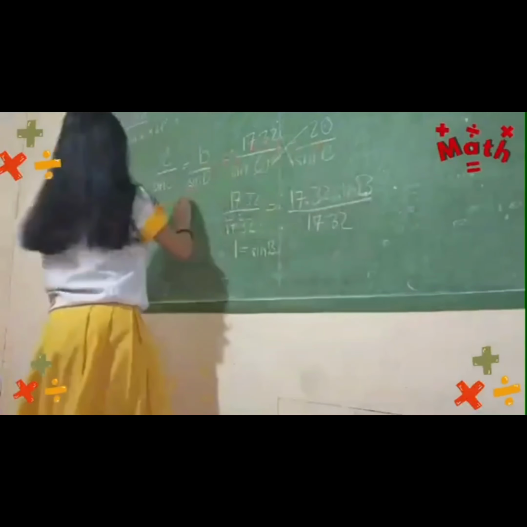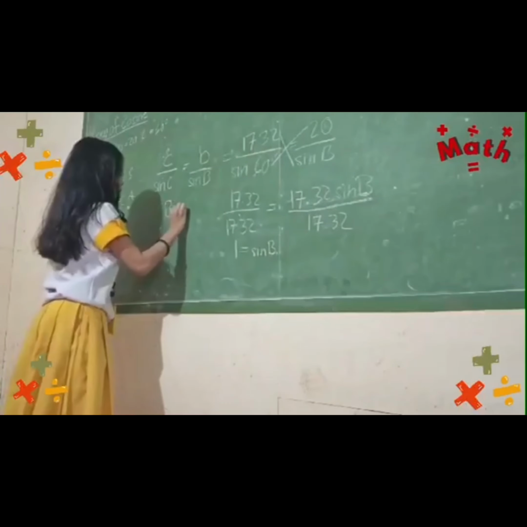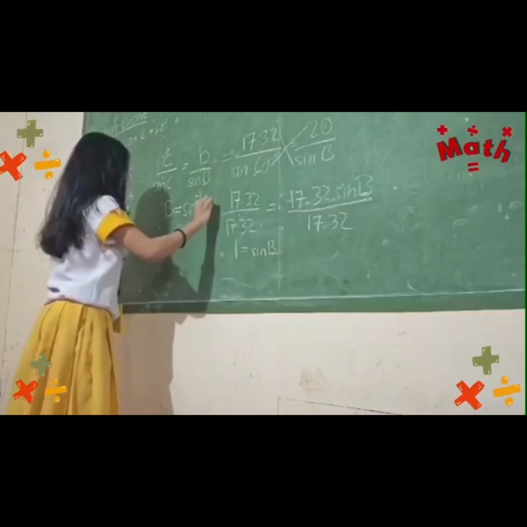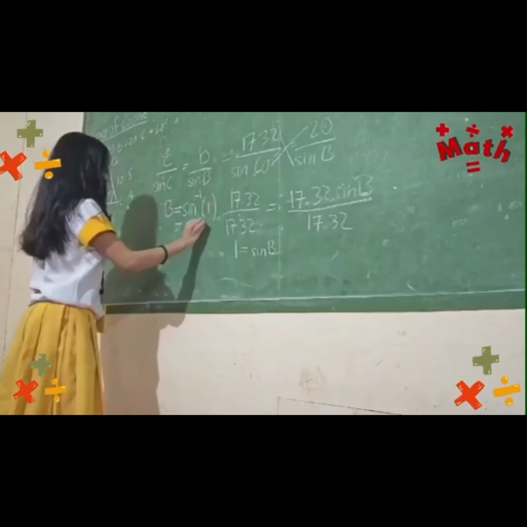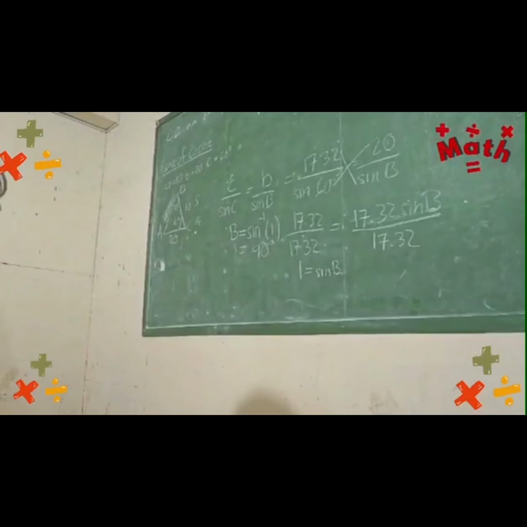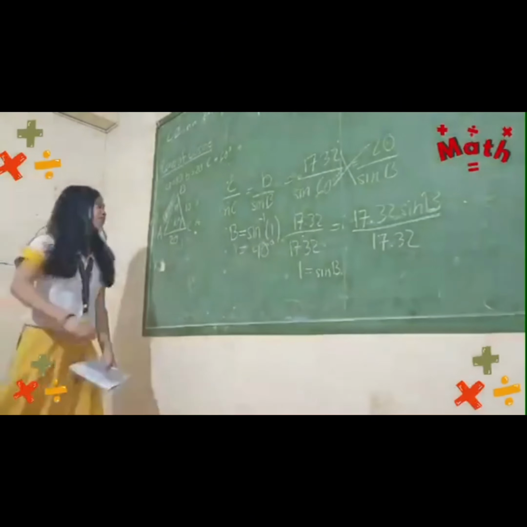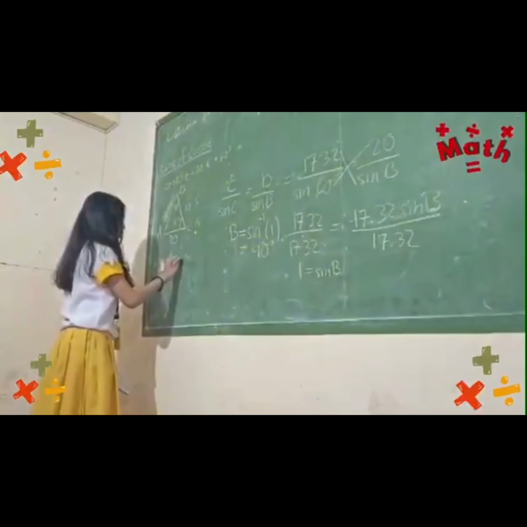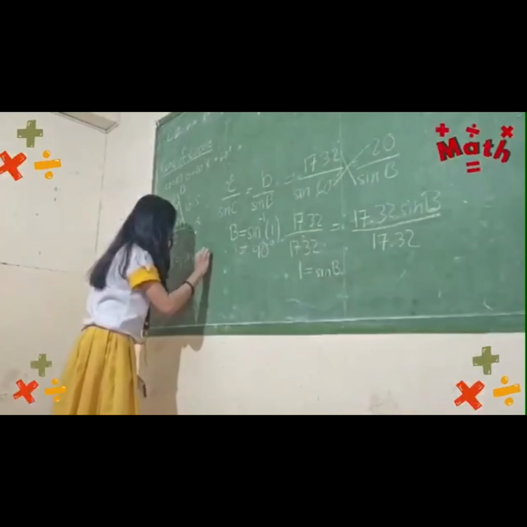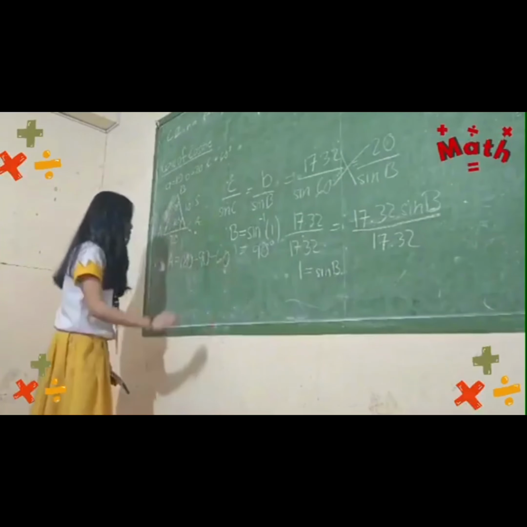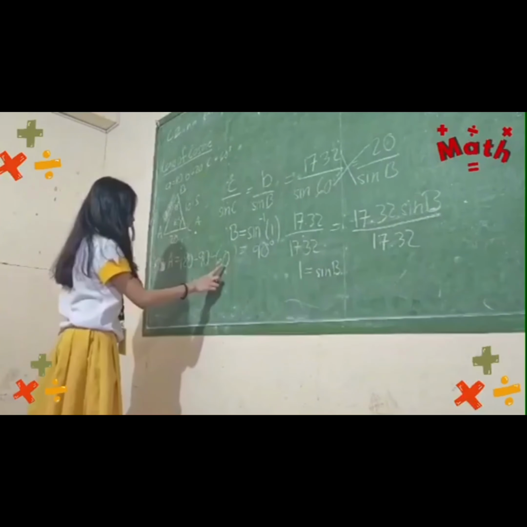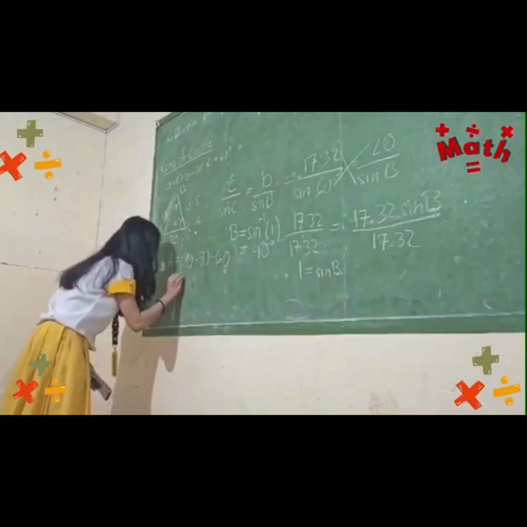So A is equal to 180 minus 90 minus 60. 180 minus 90 is 90, and 90 minus 60 is 30.